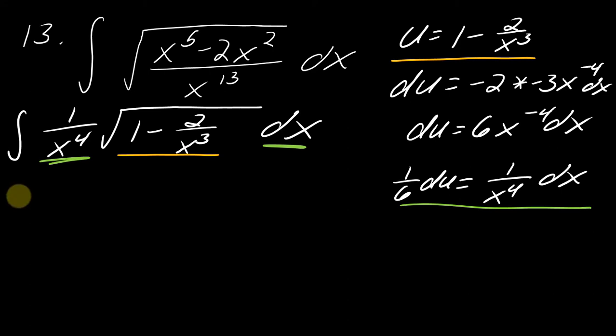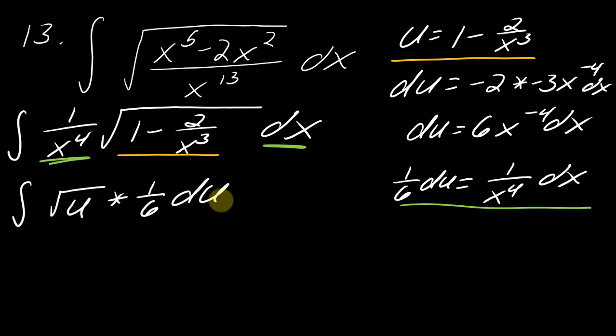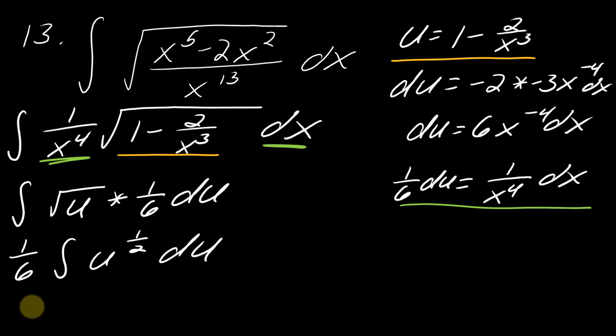Okay, so now let's go ahead and substitute. So this becomes the square root of u times 1/6 du. Okay, and so now let's bring the 1/6 out, and I'll rewrite this as u to the 1/2 du. So if I evaluate this, this becomes 1/6 times, so I always like to first figure out the exponent. So 1/2 plus 1 will give me 3/2, and then I multiply by the reciprocal.